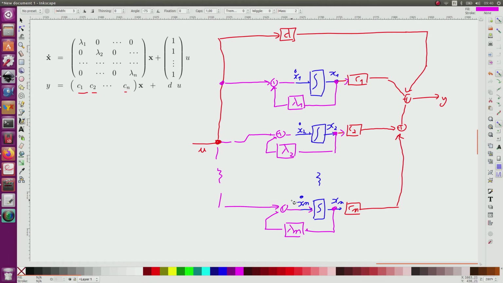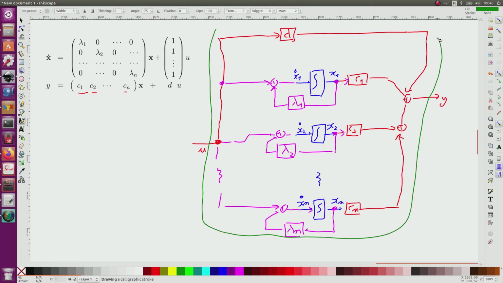So it corresponds to my system where the input is u and the output is y. It was for the first question.